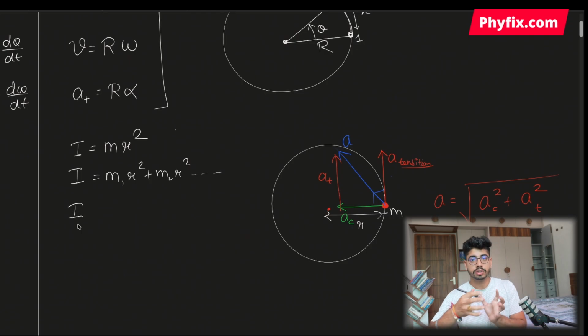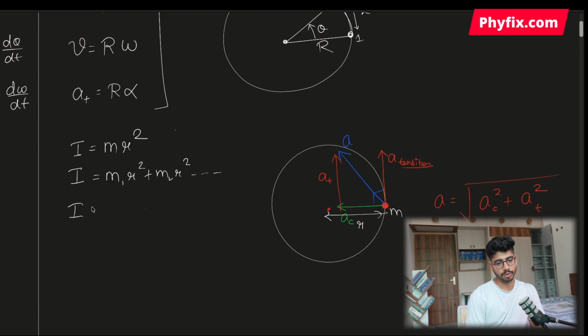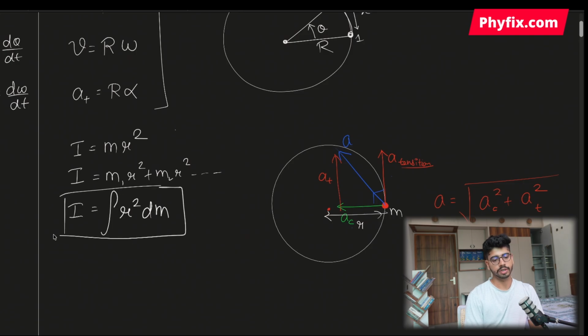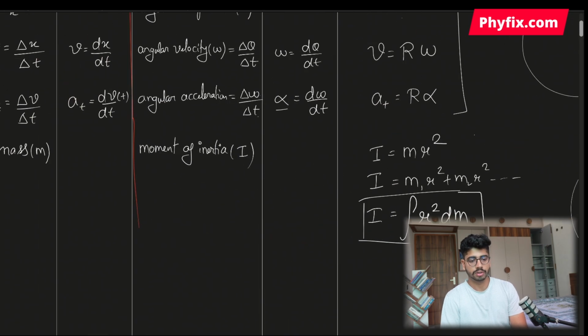If the mass is distributed uniformly and some kind of linear mass density is given, then from the calculus point of view we have the integration of r square dm, where dm is the small element of the mass we take. But this is for a separate lecture. I'm just trying to relate the relation here.